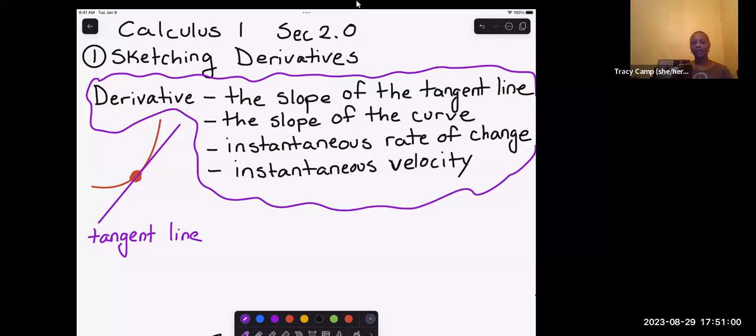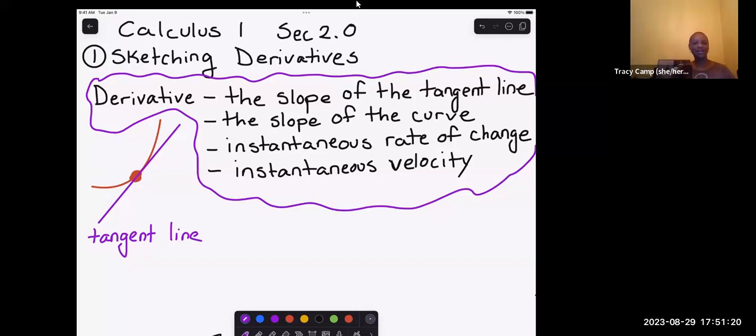So there are various uses for the derivative, and this semester we're going to spend most of the semester talking about derivatives. All of chapter 2 is really about finding derivatives. Derivative that, derivative this, find this derivative, find that derivative.